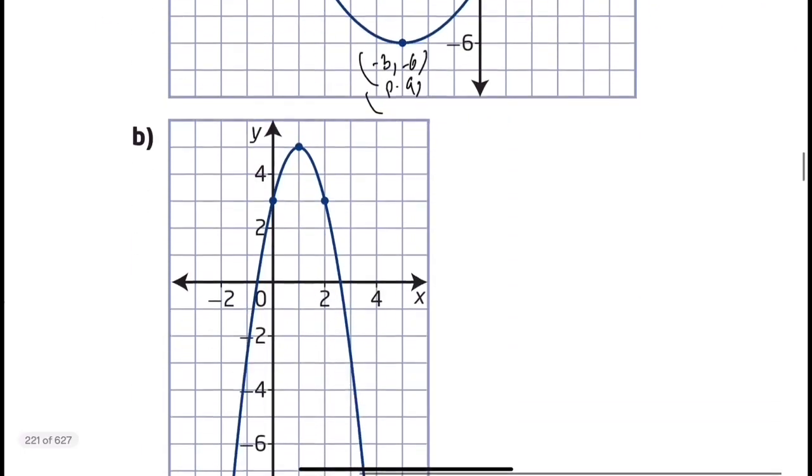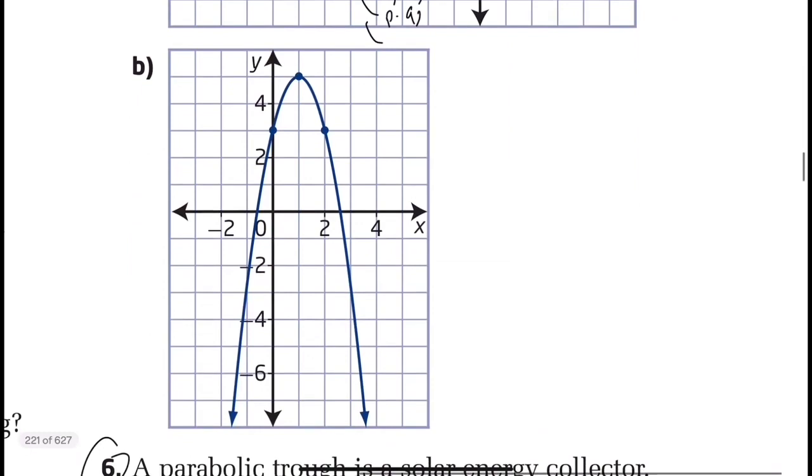You can do the same thing for this one. You have your vertex here, which is x is 1 and y is 5, and you write your equation as y equals a times (x minus 1) squared plus 5.